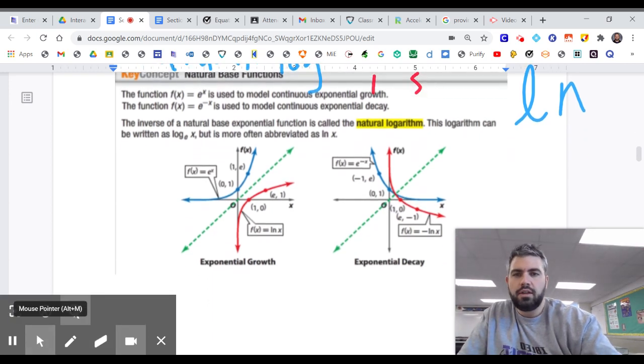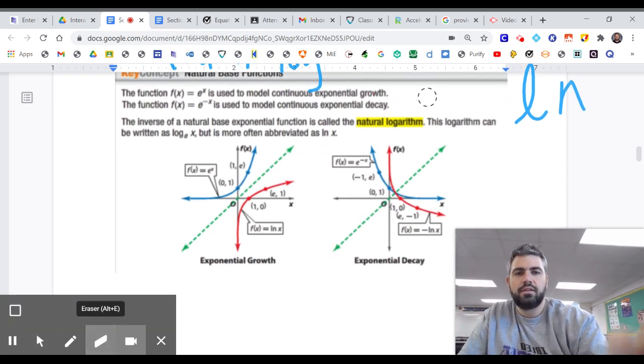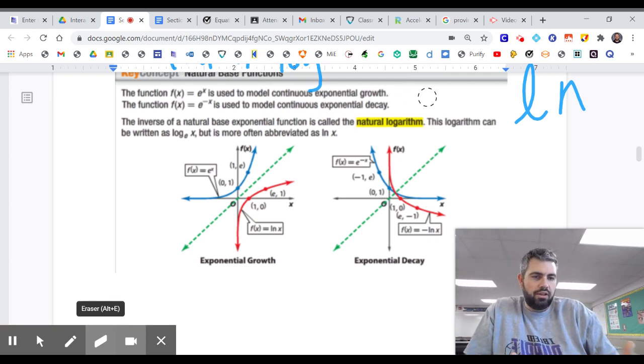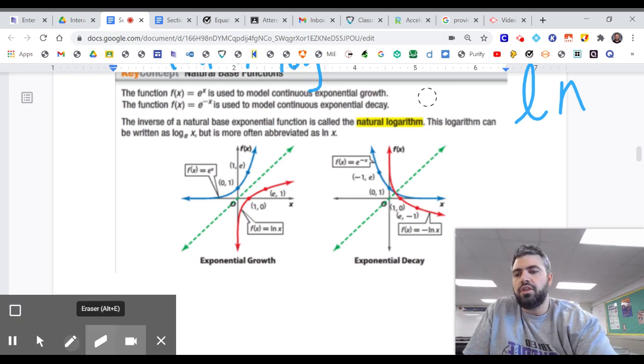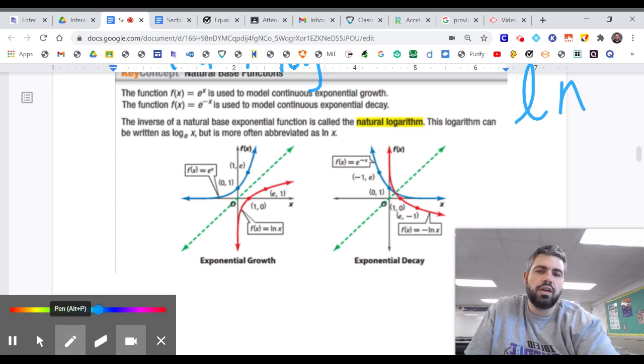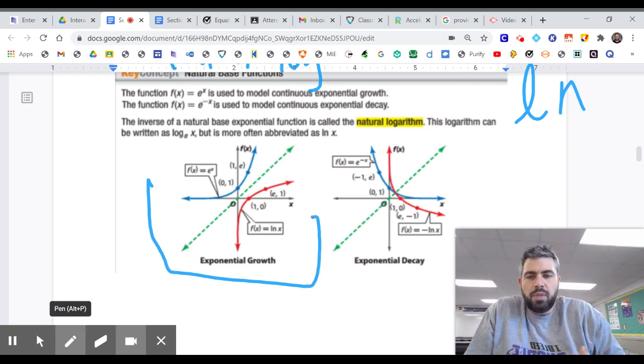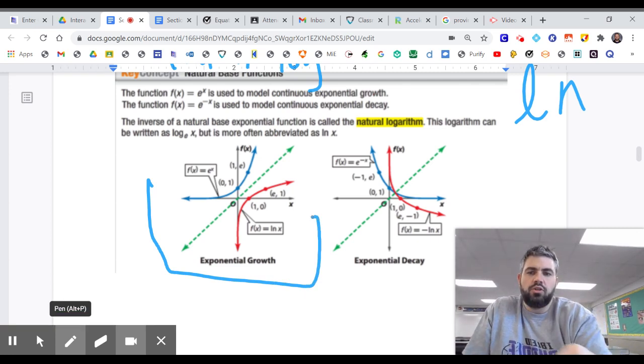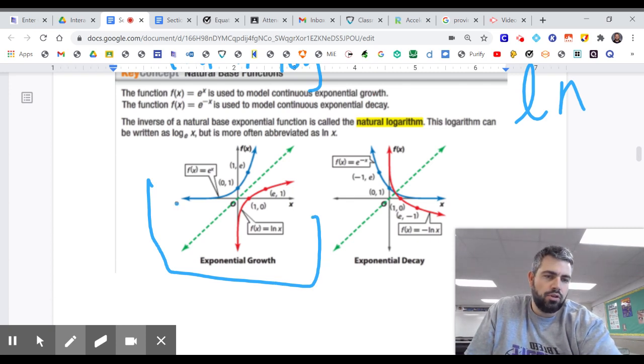Basically, natural logs look very similar to exponentials that are base e, and if you look, they're the inverse of each other. So here we have e to the x power and ln of x. You'll notice that e to the x starts really low. Its asymptote is y equals 0, and then it goes up exponentially, and it crosses the y-axis at 0, 1.